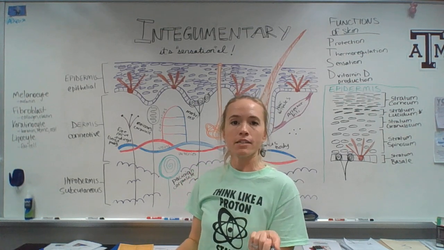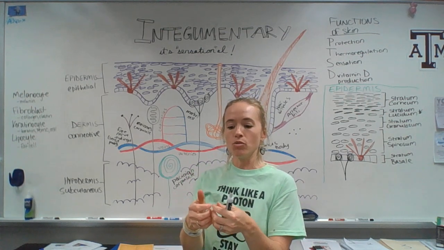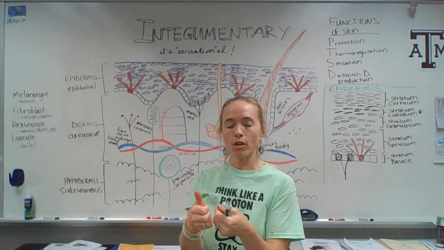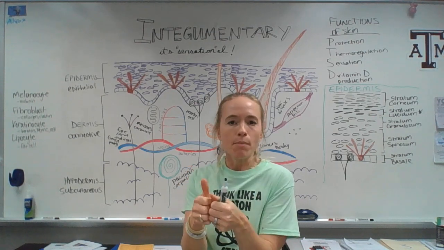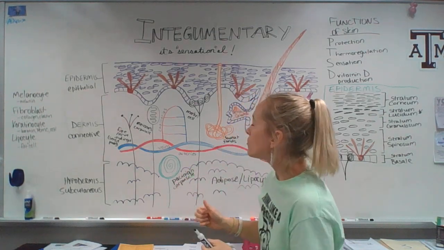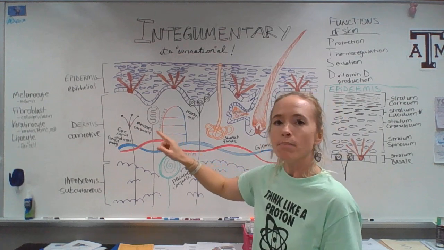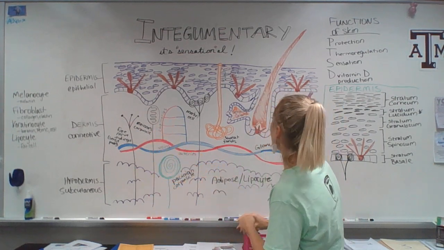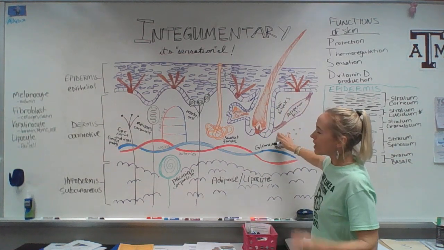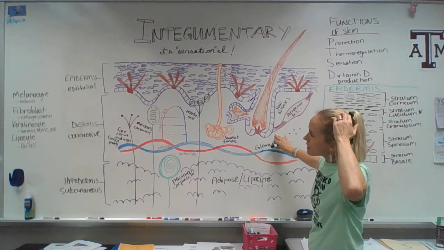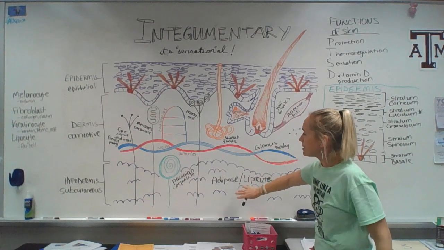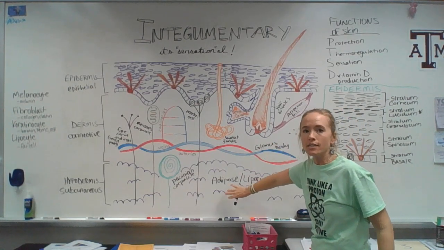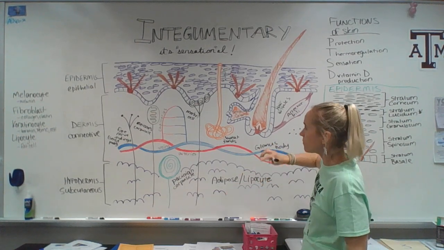So you find that it is used whenever we create scars, when our body forms scars, it's going to be mainly made of collagen. Also, fibroblasts make a protein called elastin that provides elasticity for the skin. So the main cell you need to know for the dermis is a fibroblast, and the main cell you need to know for the hypodermis is a lipocyte.